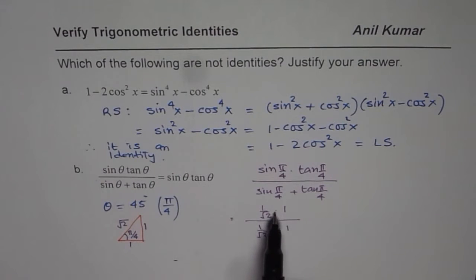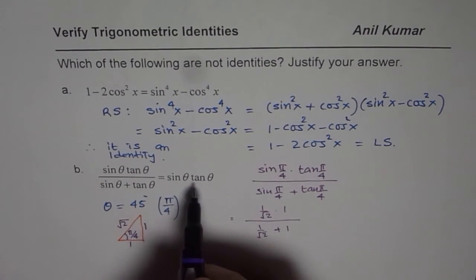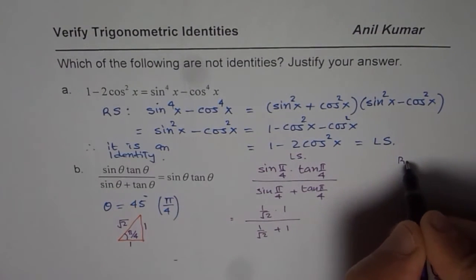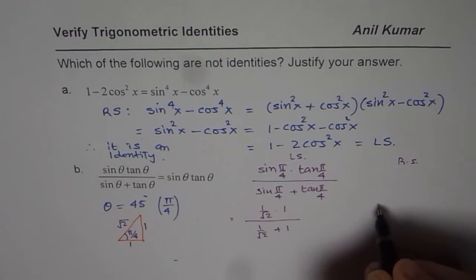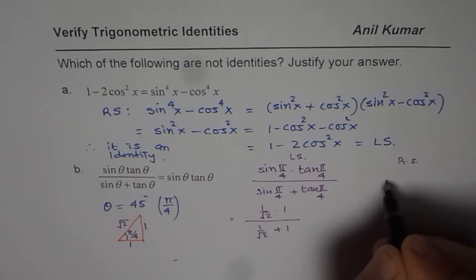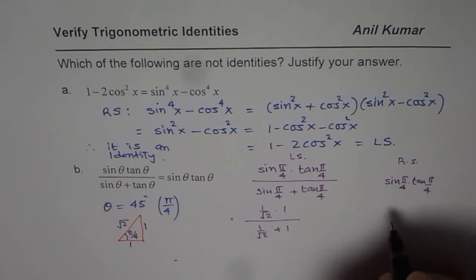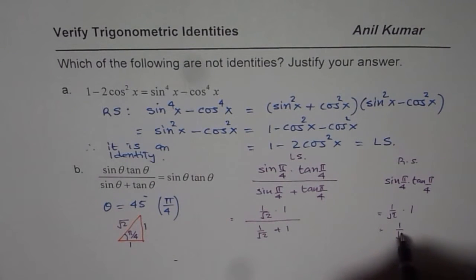Therefore, this is not equal to sine theta tan theta, which is the right side. This is the left side for us. The right side will be only the numerator part, which is sine pi by 4 times tan pi by 4, which is 1 over square root 2 times 1, which equals 1 over square root 2.